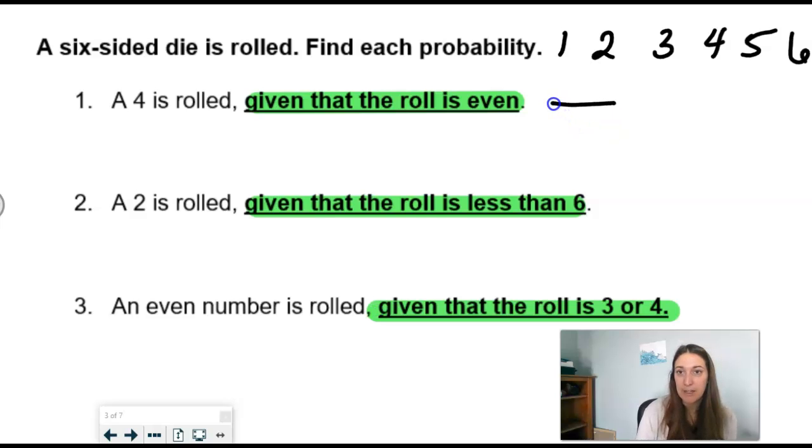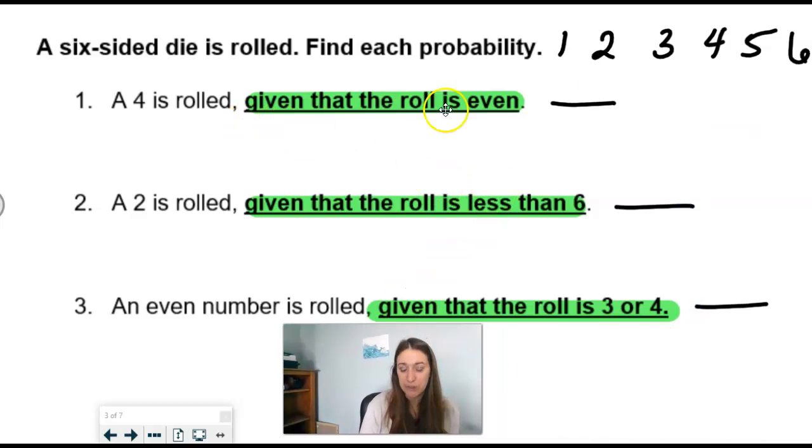Okay, so here's what I know. I need to get my face out of the way again. For this first question, it says a 4 is rolled given that the roll is even. So if you know that you're going to roll an even number, that means your denominator only has 3 possible total outcomes. Let's look at this next example, though, before I get to the numerators.